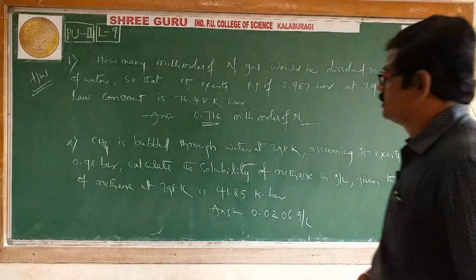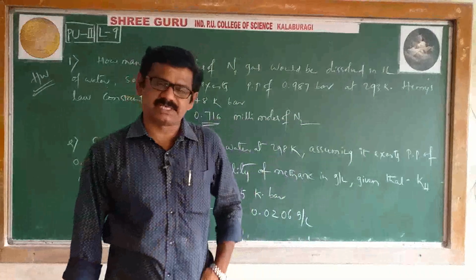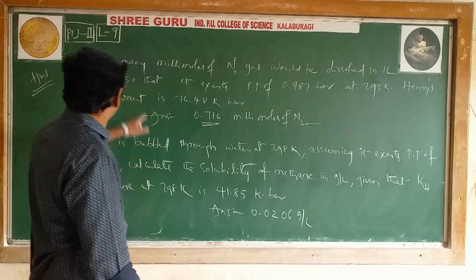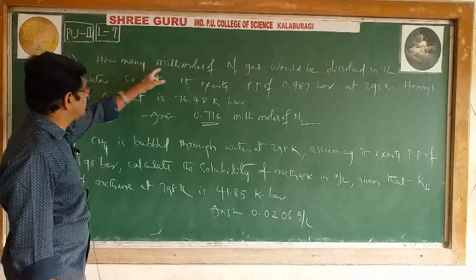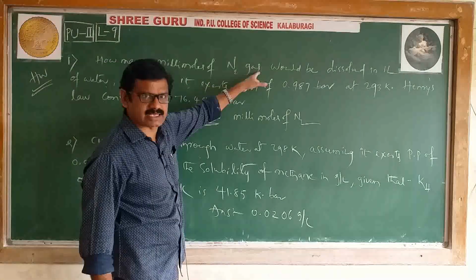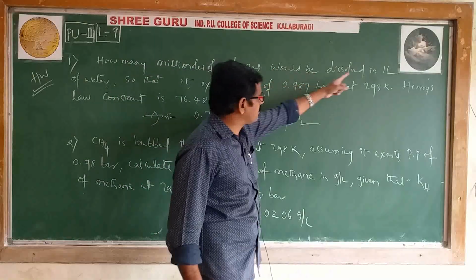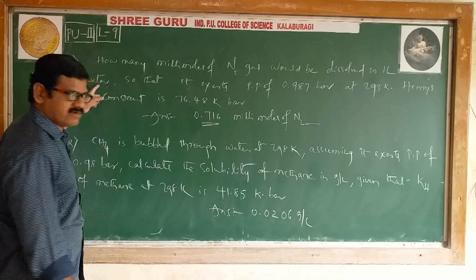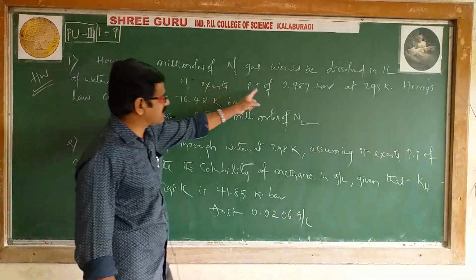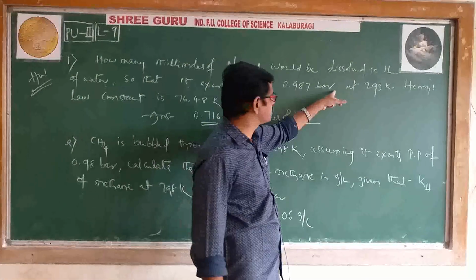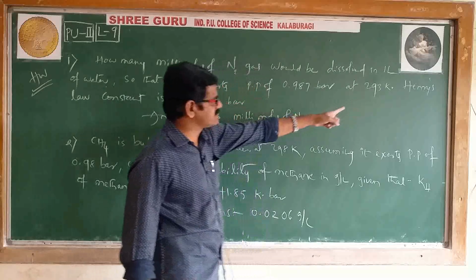Next, I'll give you two questions as homework. We'll see the first question. How many millimoles of nitrogen gas would be dissolved in 1 liter of water so that it exerts a partial pressure of 0.987 bar at 293 kelvins?